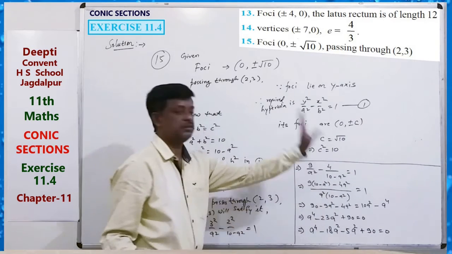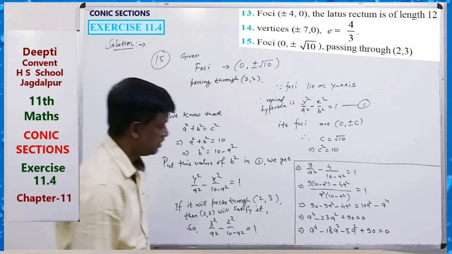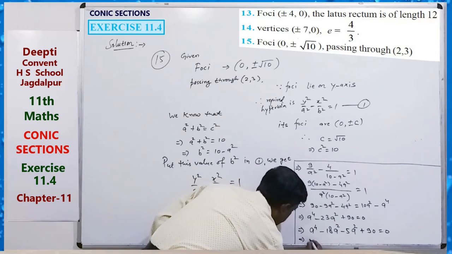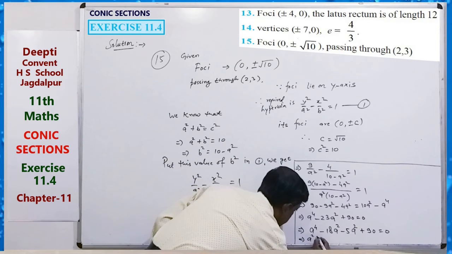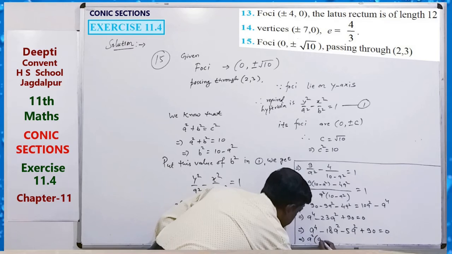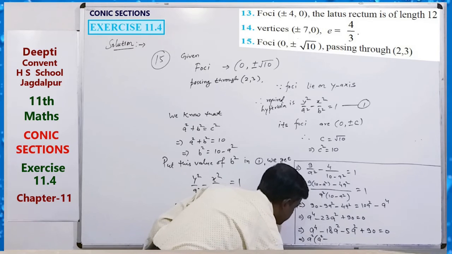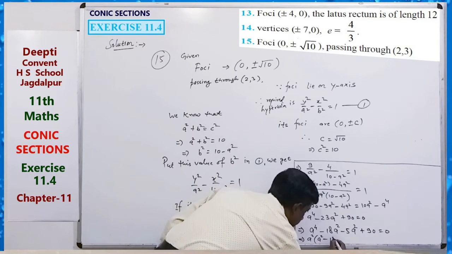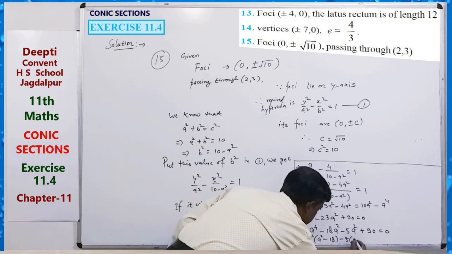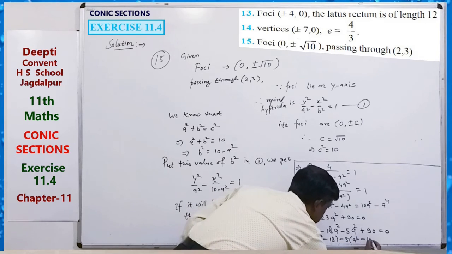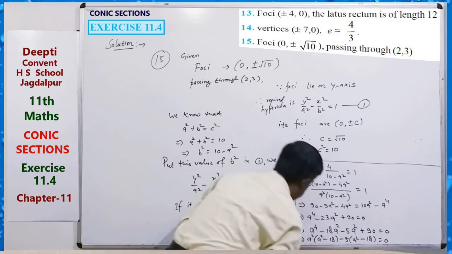Just breaking this, here we can take common a square, then a square minus 18, minus 5, a square minus 18 equals 0.